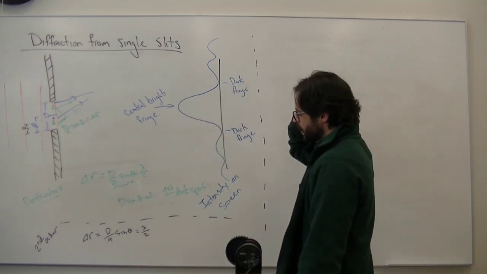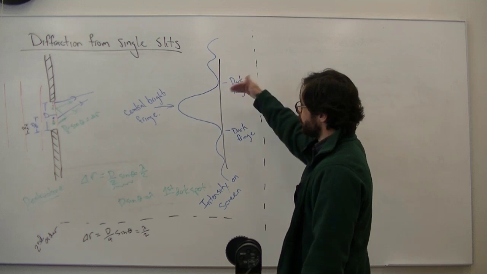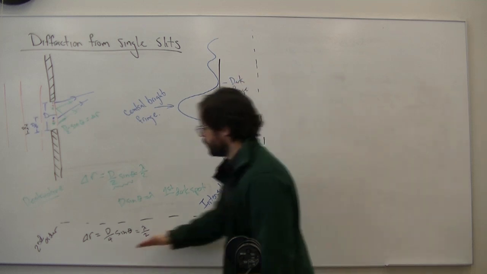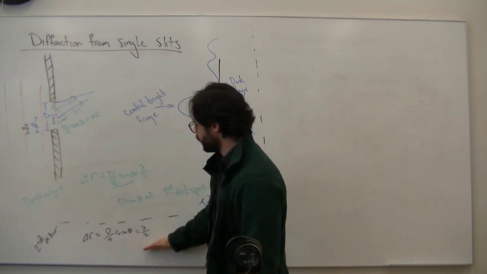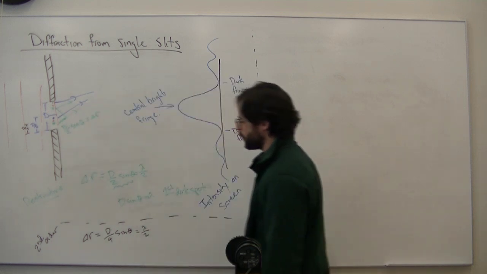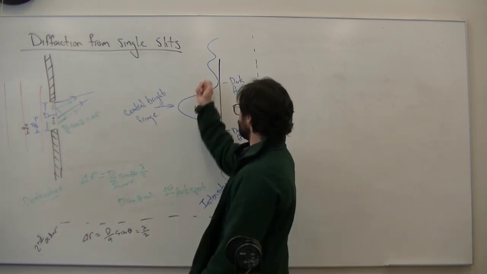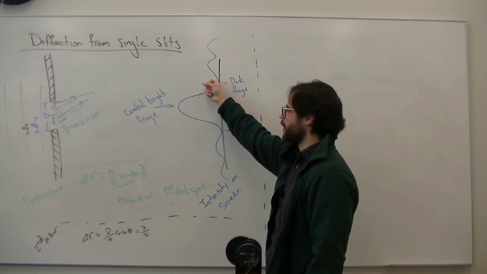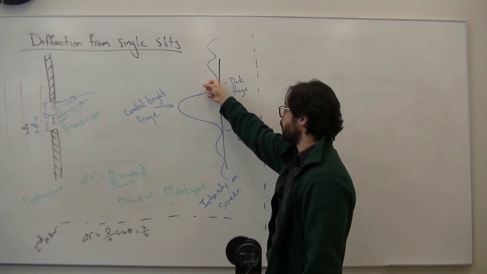So the interesting thing about this is the dark spots are always characterized by a 1/2 wavelength difference, but the 1/2 wavelength is different parts of the slit interfering with other different parts of the slit. So this is characterized by the light from the top half interfering destructively with light from the bottom half.